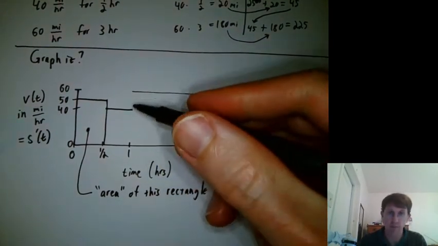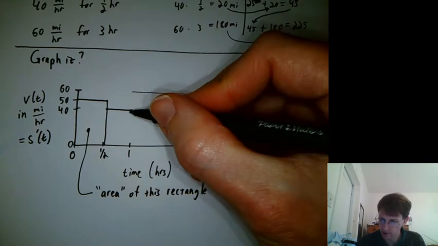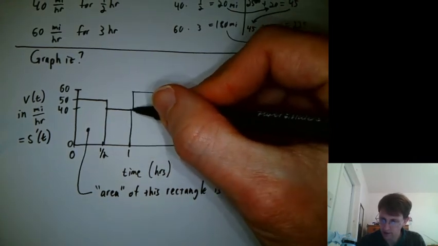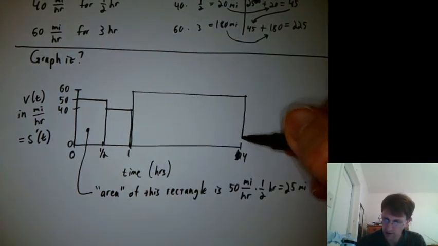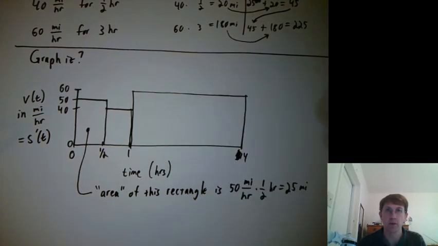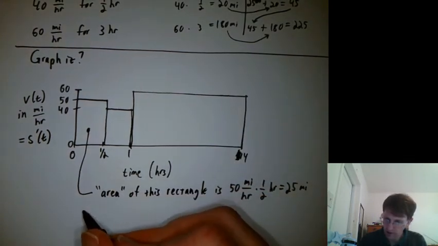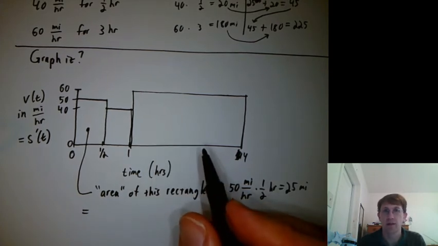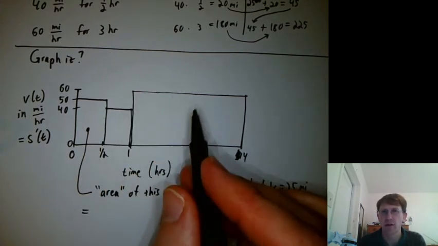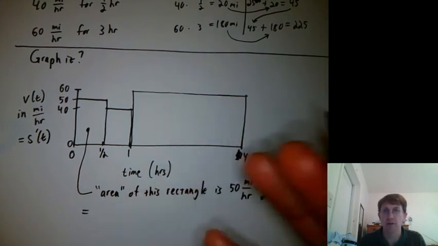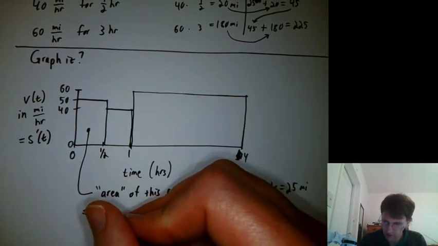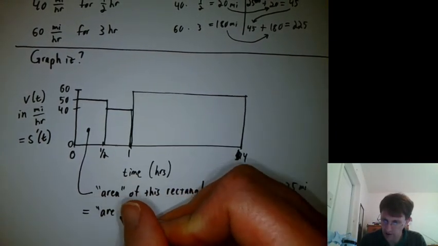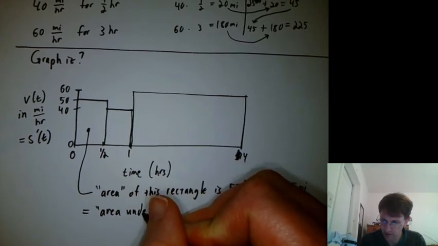And then you could do the same thing for this rectangle and for this rectangle with the appropriate numbers. So other things we call this is area under a curve. Now this isn't very curvy, but when we deal with nice smooth functions it is. So it's also called area under a curve, or under the curve.